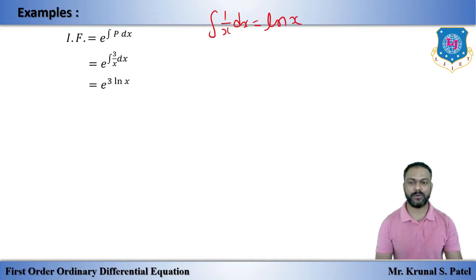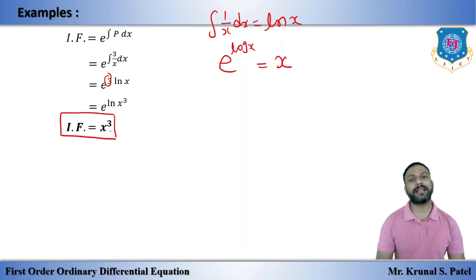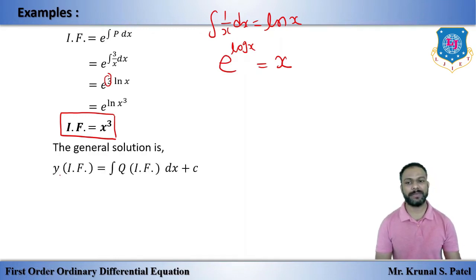So by the rule of logarithm, we take 3 on the power, so e raised to ln x cube, and as I told, e raised to log x gives us x, so e raised to log x cube gives us x cube. This is our IF. After the IF, we know what we have to do. We just have to find the general solution, that means y into IF is equal to integration q into IF dx plus c.